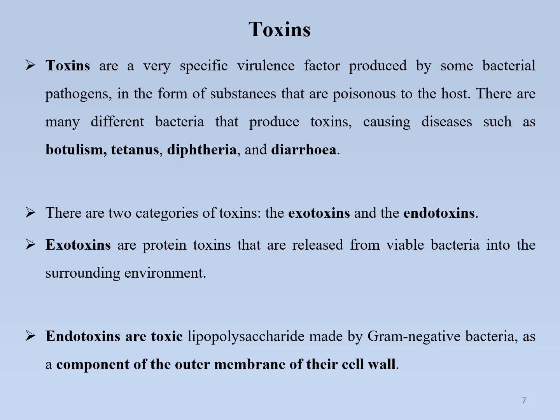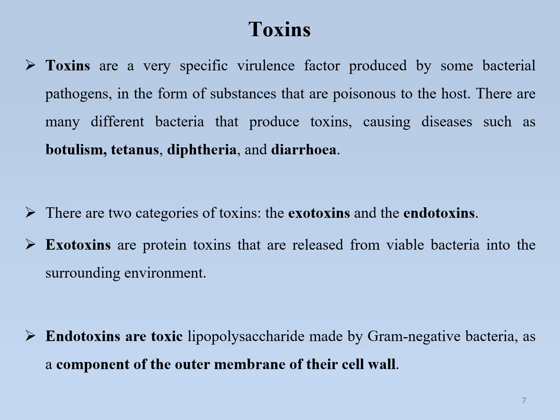There are two major categories of toxins: the exotoxins and the endotoxins. From the words exo and endo, exo means released to the surrounding environment, while endo means retained or stays inside the particular pathogen.